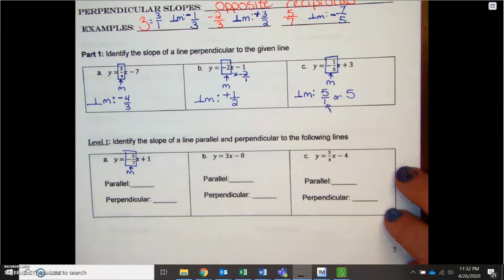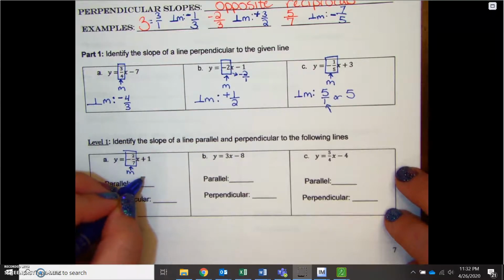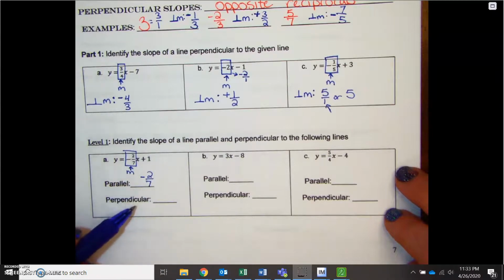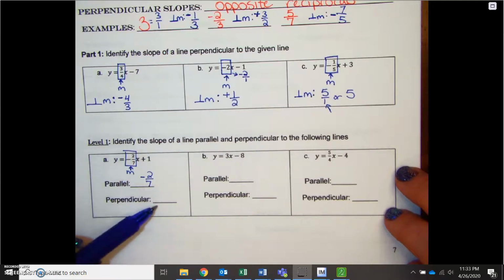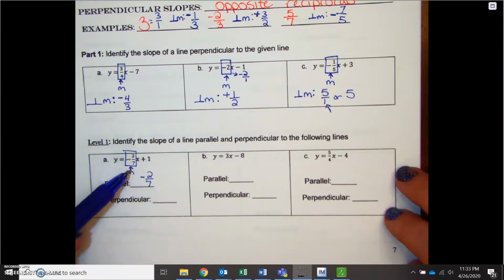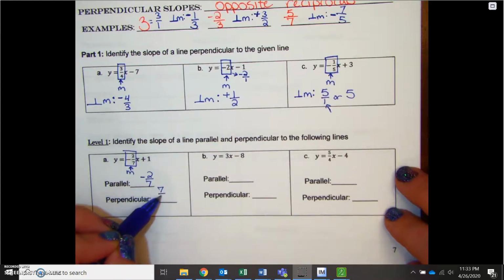Now that should make you very happy because parallel is real easy, -2/7. It's perpendicular that requires a little bit of work. Not a lot, but just a little. It was negative, so we know my perpendicular slope should be positive. It was 2/7, so the reciprocal of that would be 7/2.